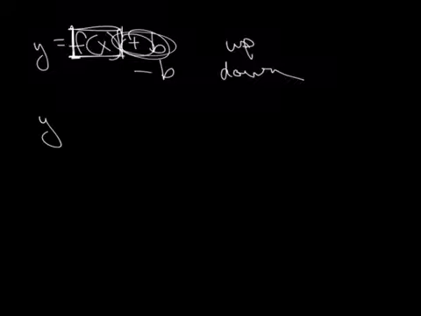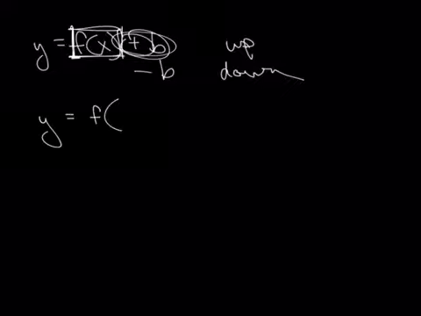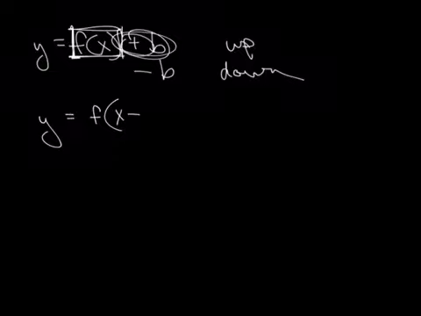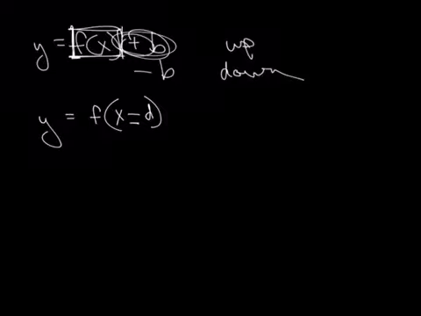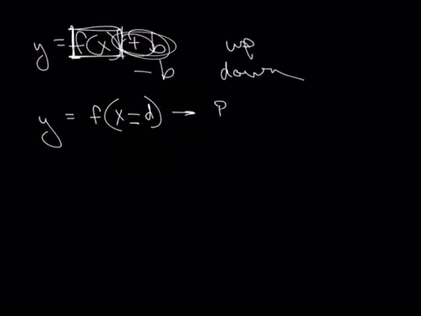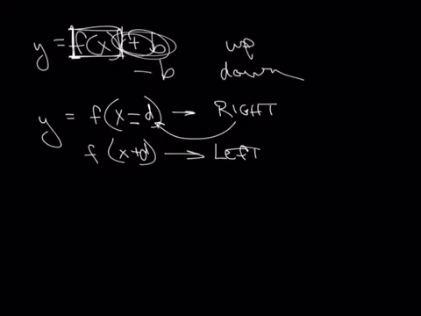What if we did this, and inside of here we added or subtracted a number from it? So if we subtract a number from it, it moves it right this many units. If it's a plus d, it moves it to the left this many units.